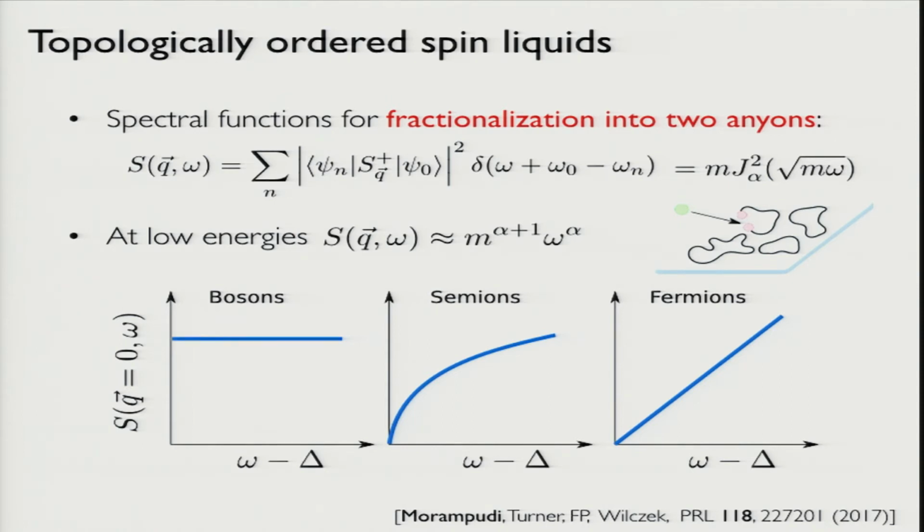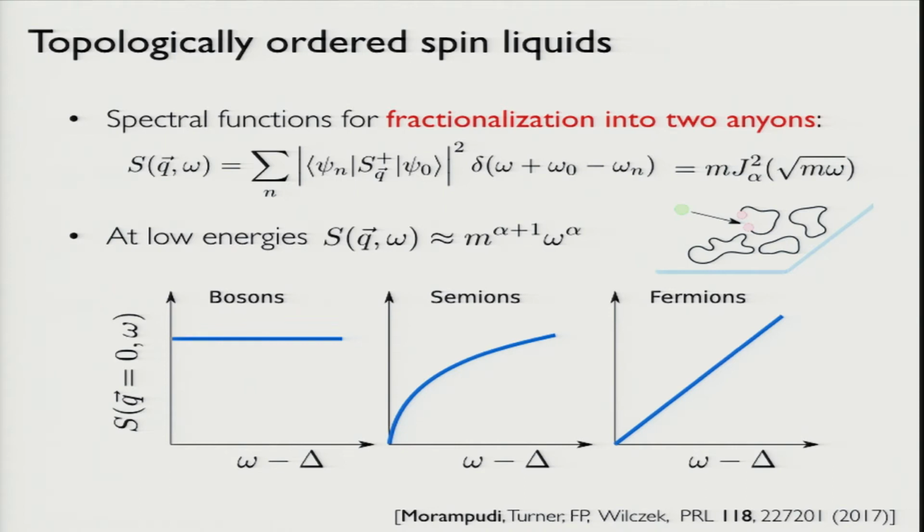Below the gap, we don't have any excitations because there are no excitations that we could scatter into. But above the gap, we do have a certain density. For bosons, it would be constant, so this alpha would be 0. For semions, we find a square root behavior, so alpha is 1/2. And for fermions, it's linear, so alpha here is 1.